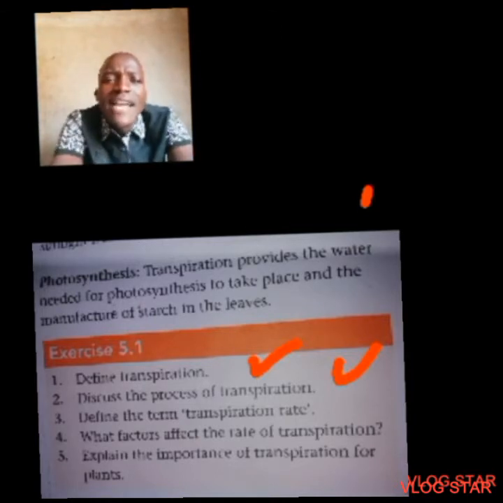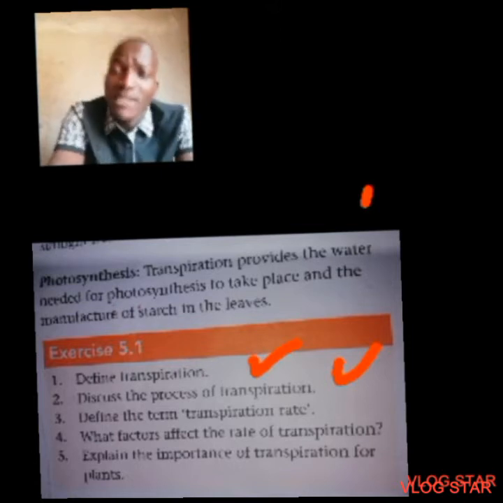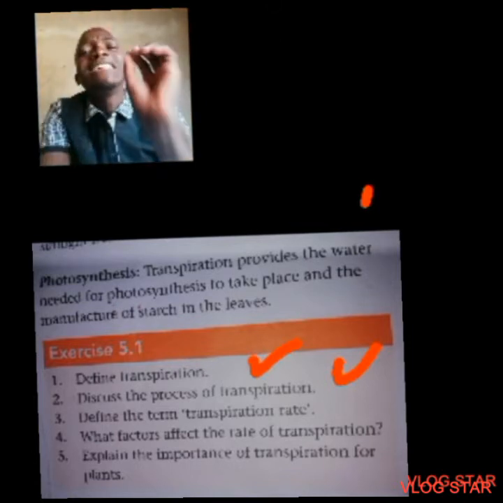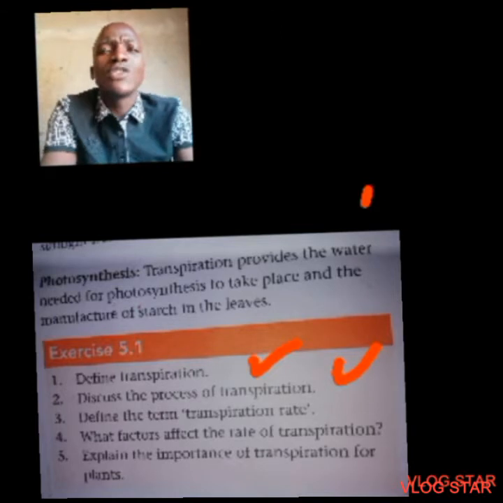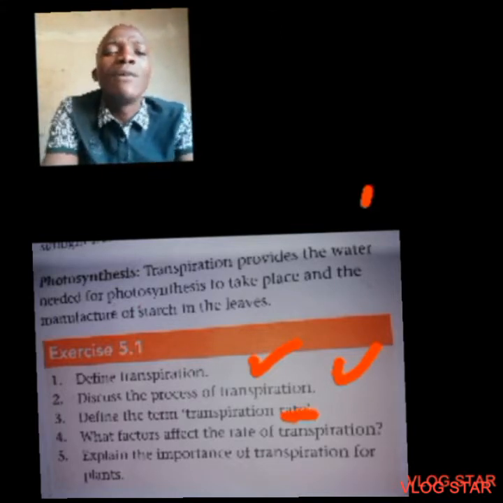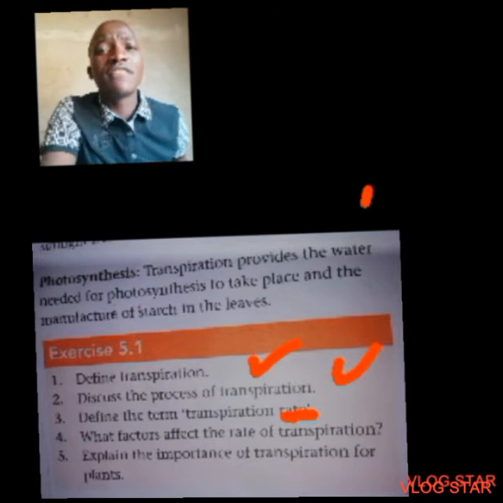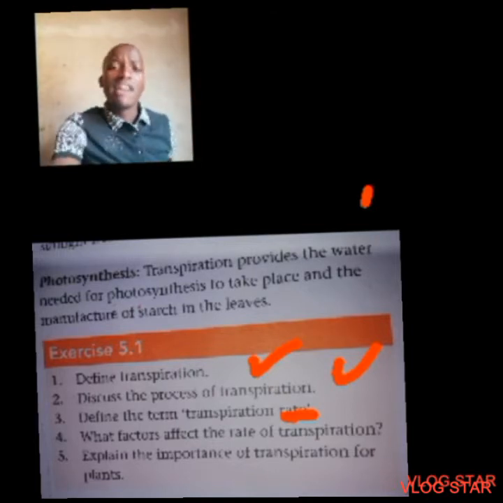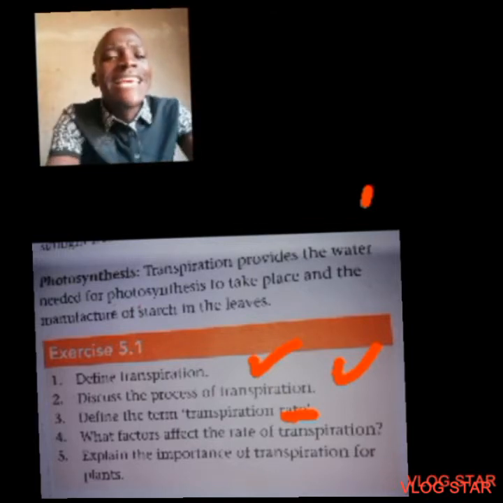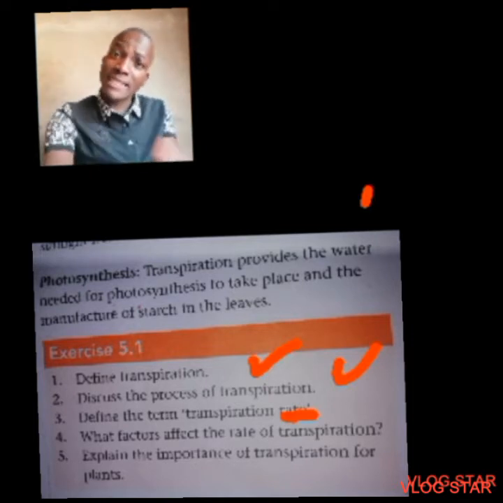Then question number 3 says, define the term transpiration rate. This question is very, very simple. You must substitute the word rate here with another word which means the same as rate. Then you give the definition of transpiration. For example, transpiration rate is the speed, because rate means speed.